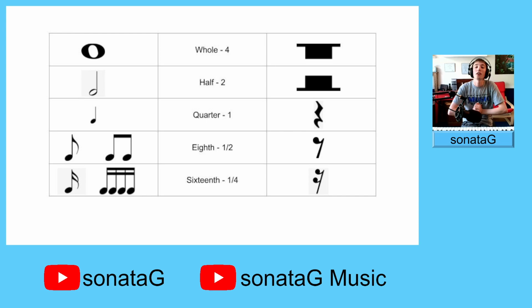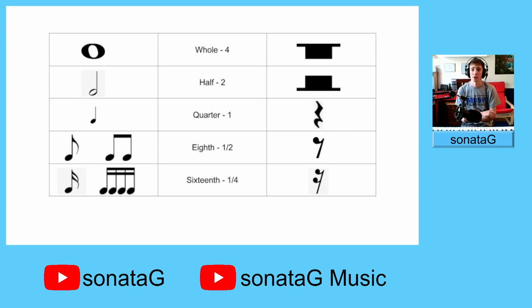If you're not familiar at all with music, this chart is going to be pretty complicated. But on the left column is different kinds of notes. The right column is different kinds of rests. And then the middle column is the name of those as well as the value that they have.